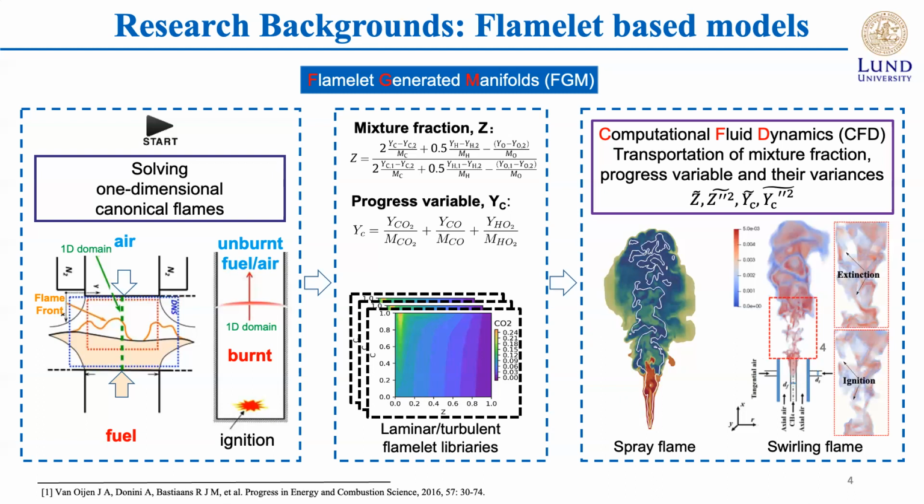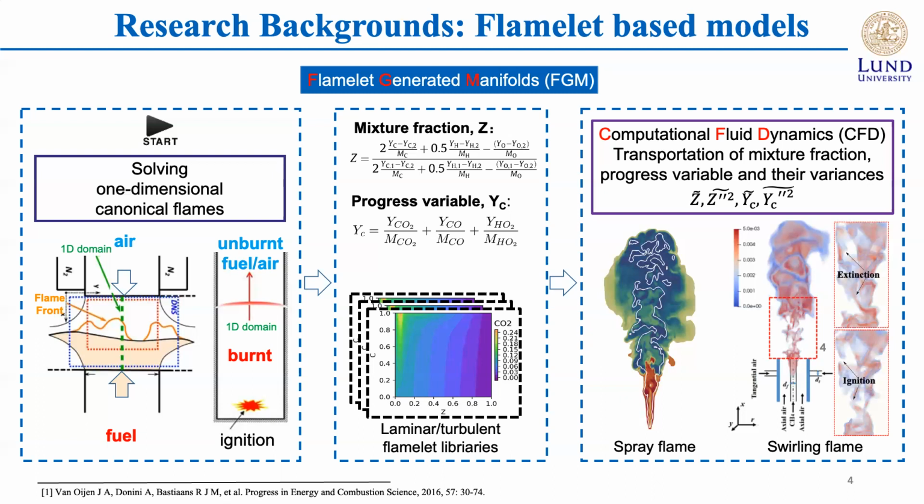In the third step, the mixture fraction, progress variable, and their variance are transported in the computational fluid dynamics. The temperature, species mass fraction, heat capacity, viscosity, and other chemical properties are obtained from the Flamelet library.